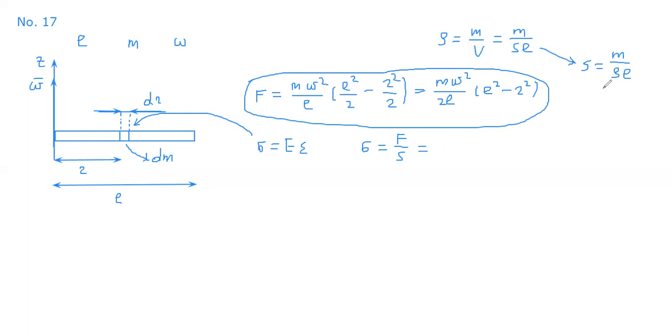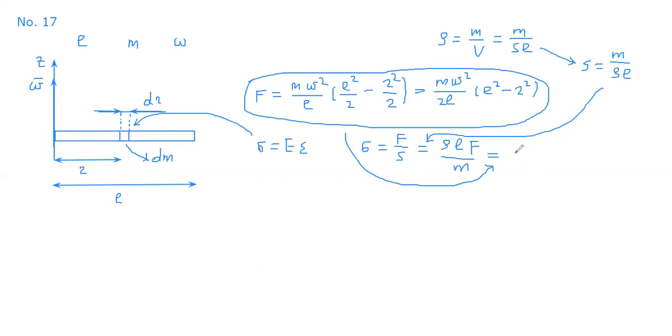So we can write F divided by M, and if we substitute this here, we will obtain L and M.